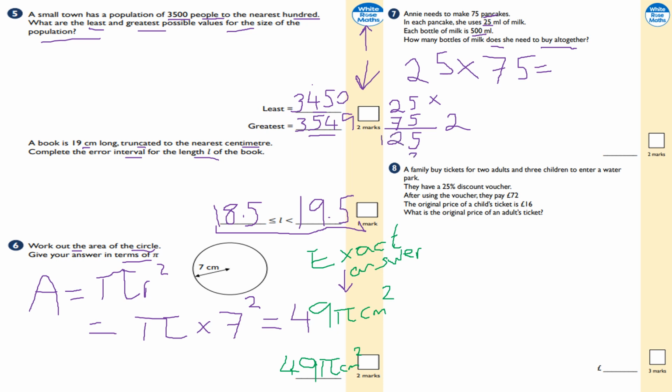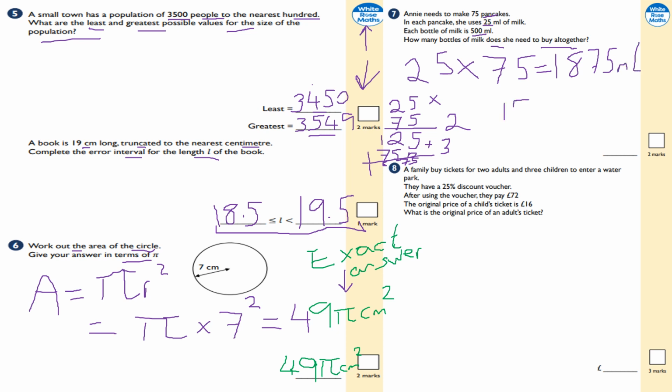Put a 0 there, because it's a placeholder, because it's 70 times 25 now. 7 times 5 is 35, so 5 carry the 3. 7 times 2 is 14, plus the 3 is 15. Adding my answers together, I get 1,875. So in total, she is going to need 1,875 milliliters of milk for the 75 pancakes.